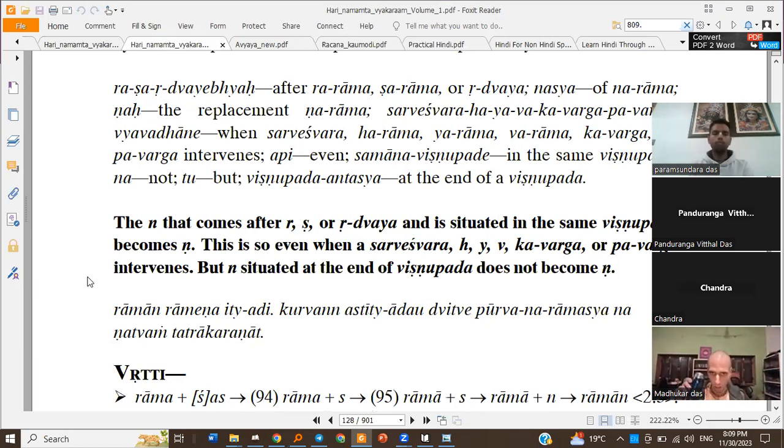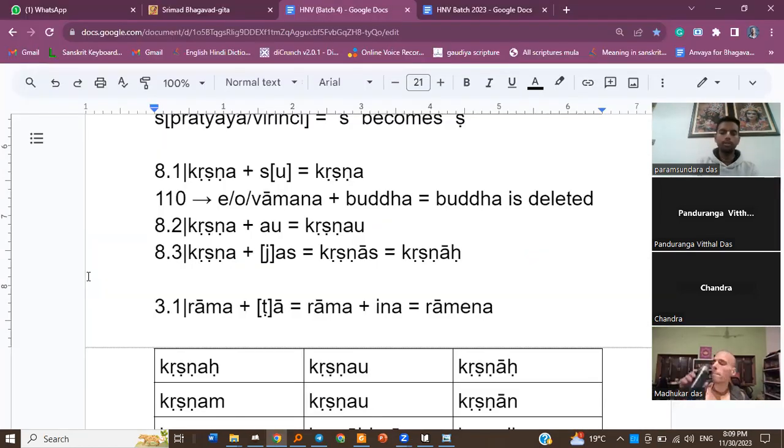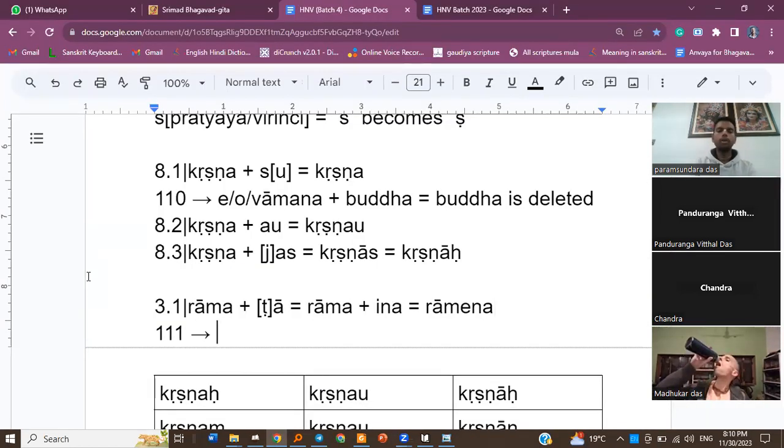So 108th sutra, that sutra is also called Shatva Vidhi, when Sa Rama is converted into Sha Rama, like we did in Krishna. And this sutra is called Natva Vidhi, when we turn the dental Na into the cerebral, the Murdhanya Na, right?